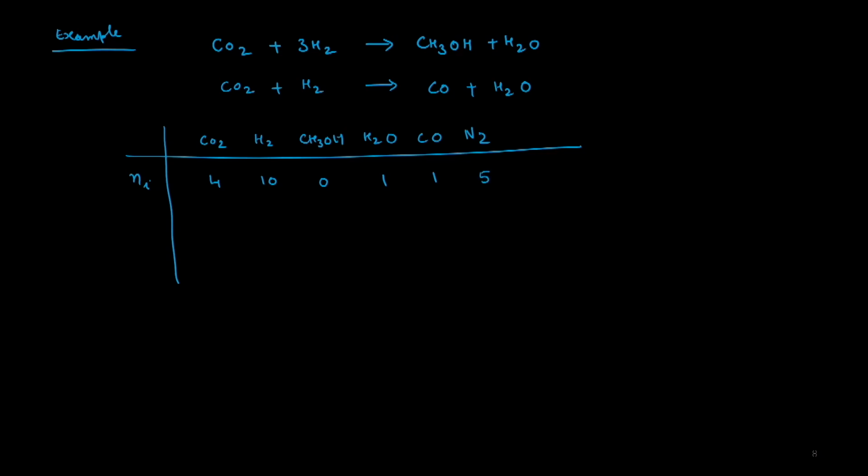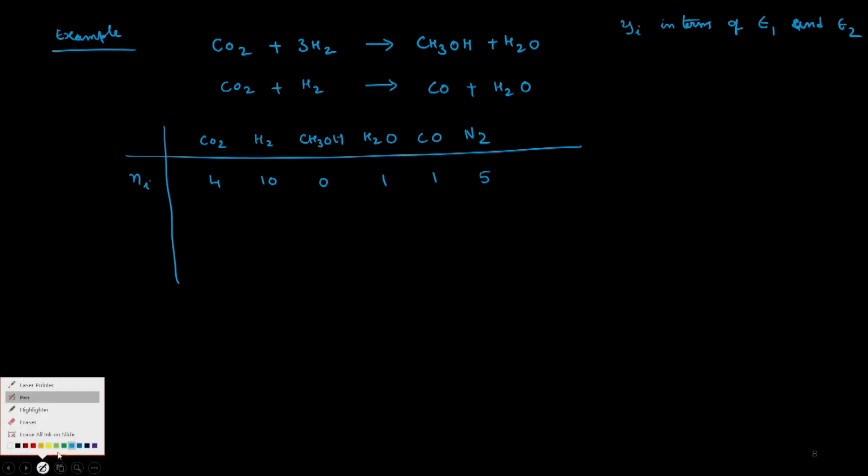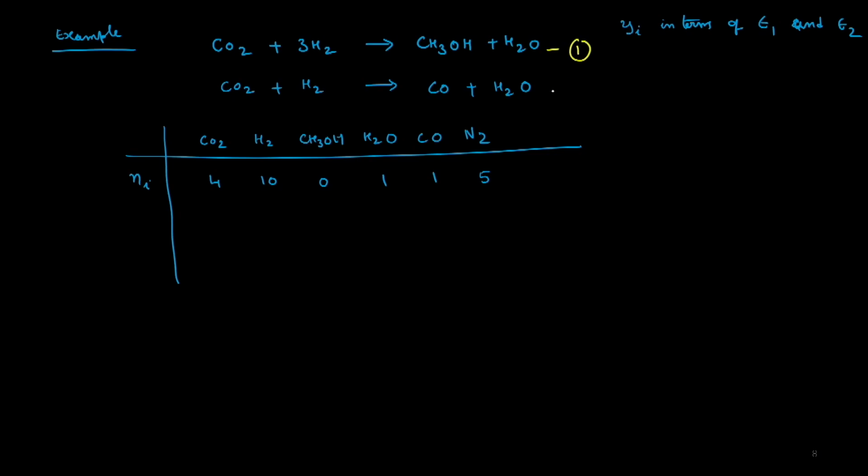So this is what is present, and what we want to calculate is yi in terms of epsilon 1 and epsilon 2. We are identifying this as reaction 1 and this as reaction 2. So epsilon 1 is the reaction coordinate for reaction 1, epsilon 2 is for reaction 2, and we want to find expressions for yi, for each of the species i, in terms of epsilon 1 and epsilon 2.